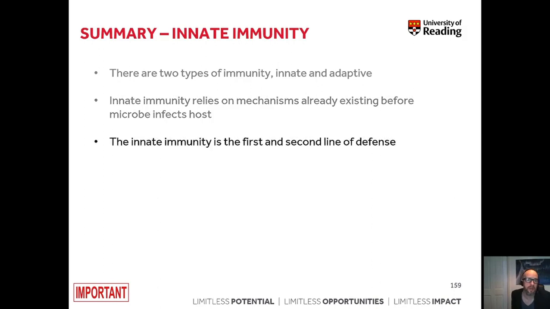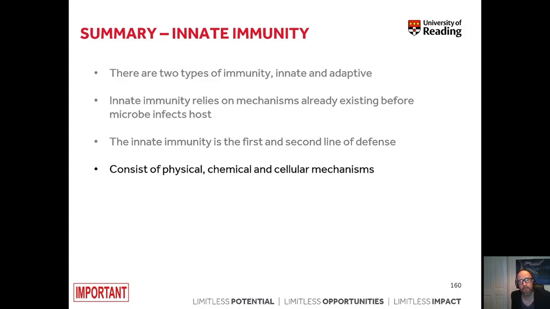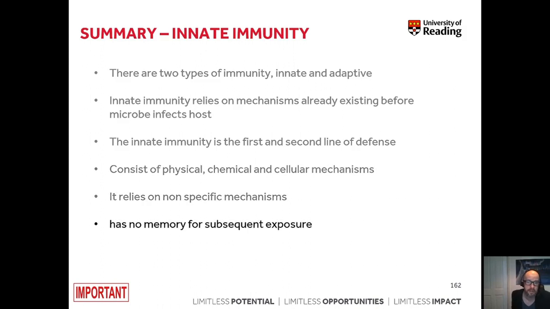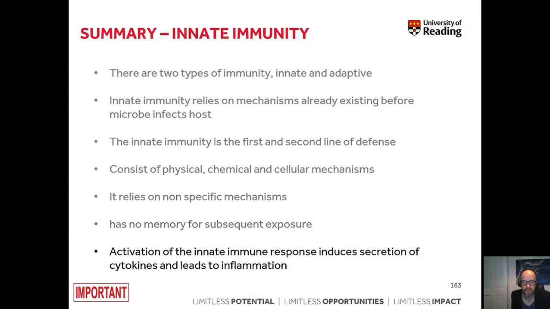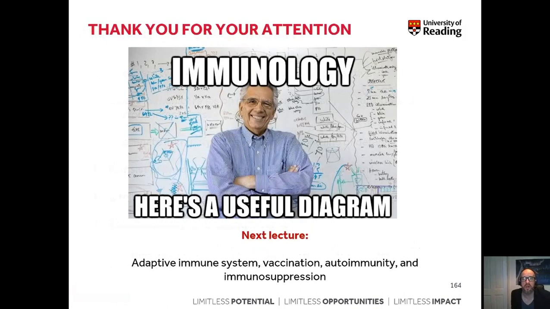Innate immunity is the first and second line of defense, and it consists of physical, chemical, but also cellular mechanisms. It relies on non-specific mechanisms, has no memory for subsequent exposure, and activation of the immune system response induces secretion of cytokines and leads to inflammation.